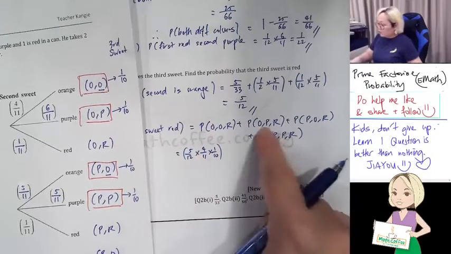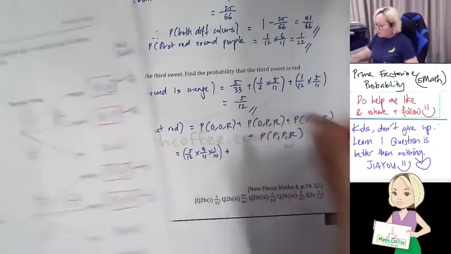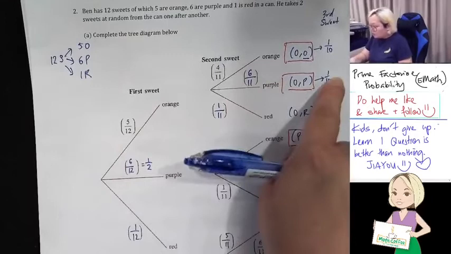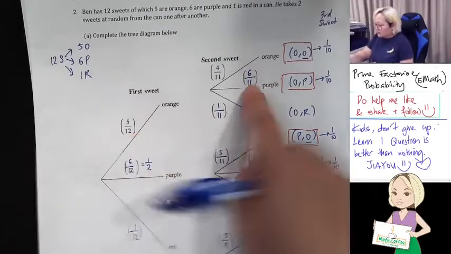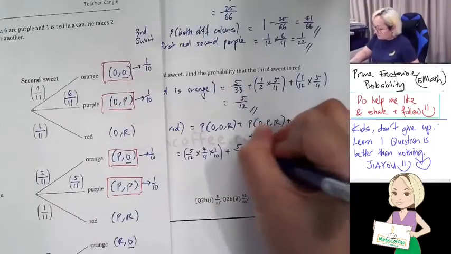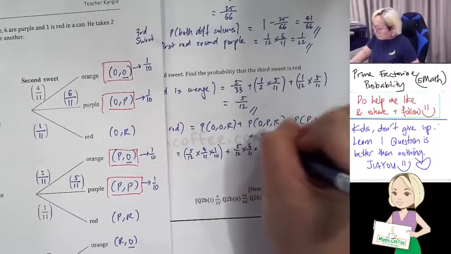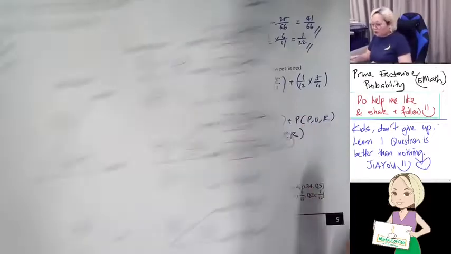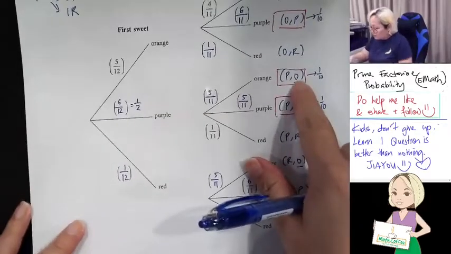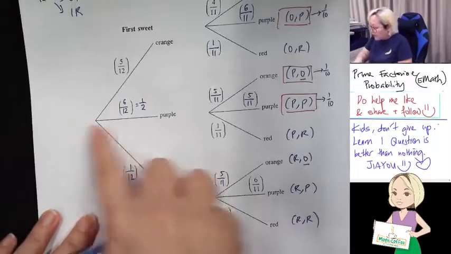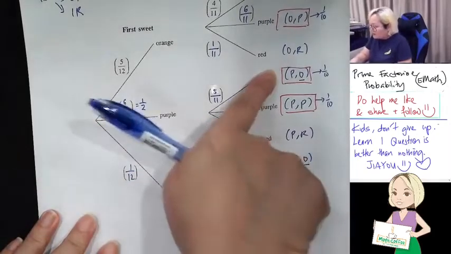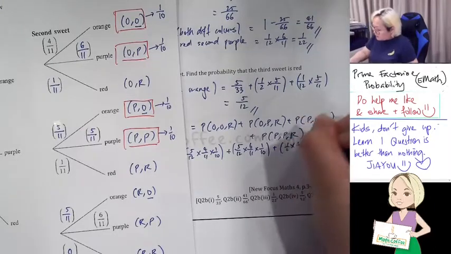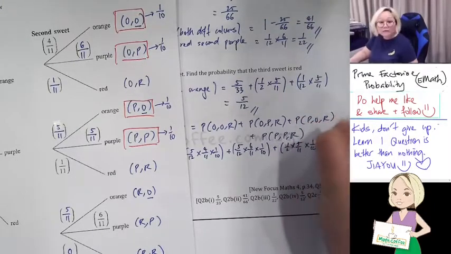Now go to OPR. So OPR is this one. So it's 5 out of 12 times 6 out of 11 times 1 out of 10. Next, POR. So where is POR? POR is this one. Correct. So it's half times 5 out of 11 times 1 out of 10.